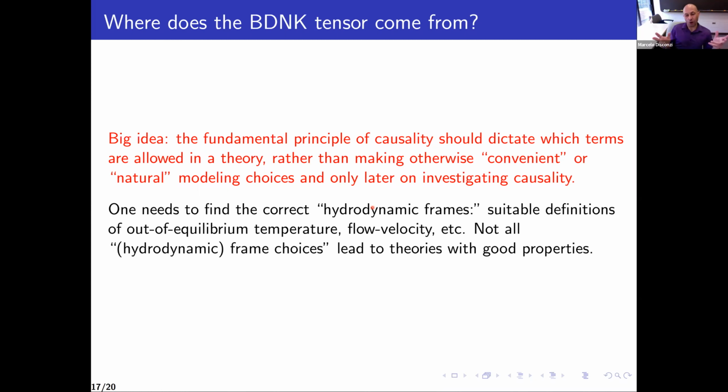These choices are called, for historical reasons, hydrodynamic frames. And what you have to do then is explore this ambiguity to try to find the correct choices of hydrodynamic frames that are compatible with causality, stability, and so on. Okay. Now I know that this is very high level and doesn't give you much detail, but again, it's a long story, it's a bit technical, and I can tell you more about it later if you're interested. But that's the philosophy underlying the construction of the BDNK tensor.